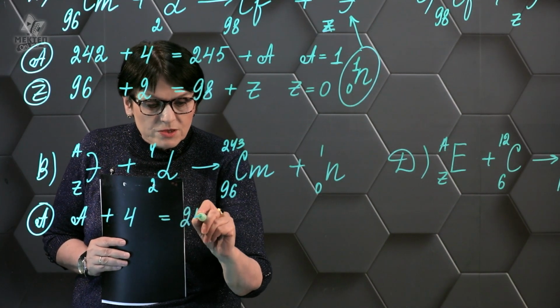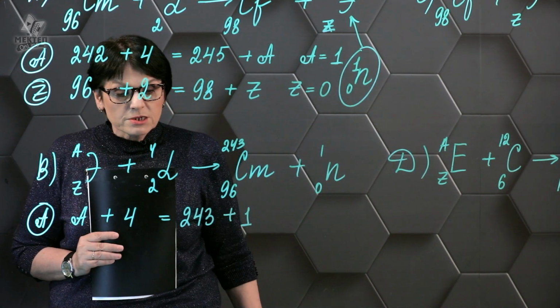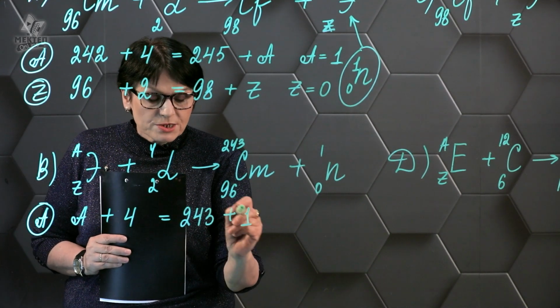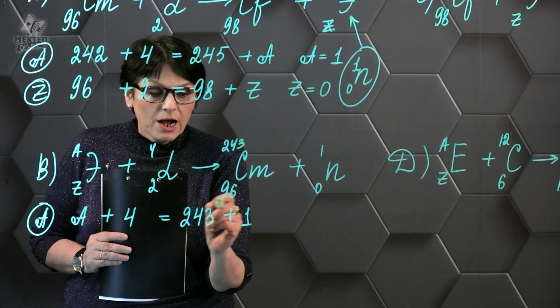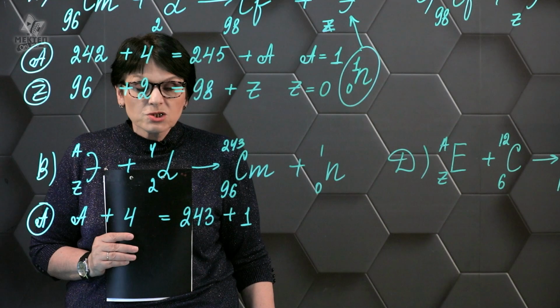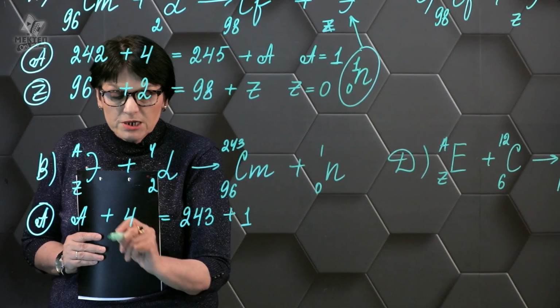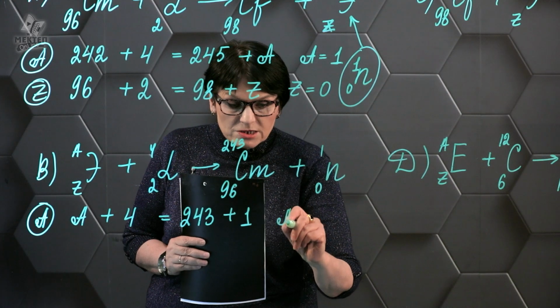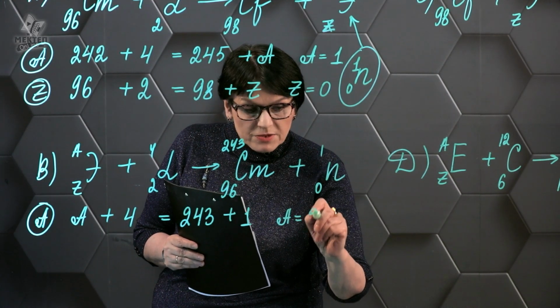And on the right-hand side we have 243, and from the neutron we have 1. Then it turns out that on the left side we have a yet unknown A plus 4, and on the right side we have 244. From these 244 we will subtract 4, and then A turns out to be 240.